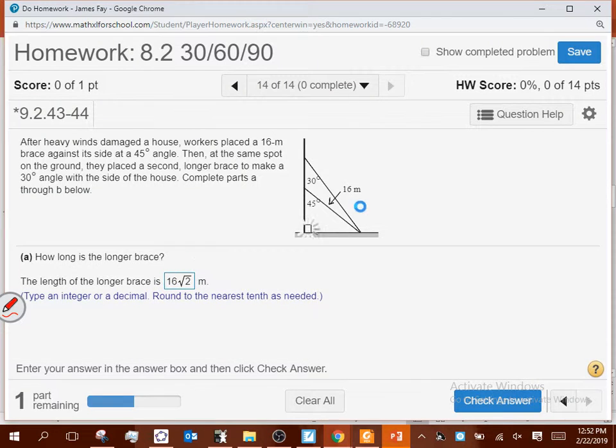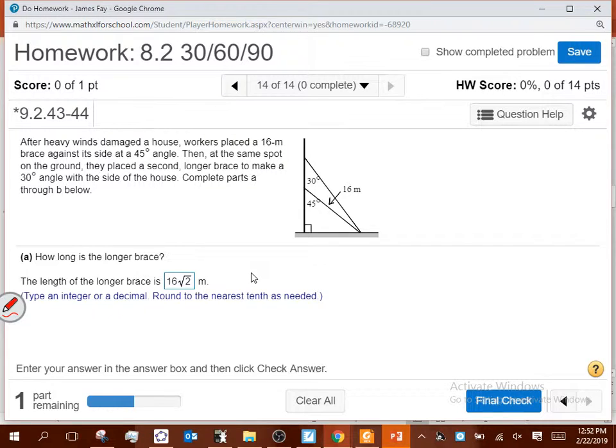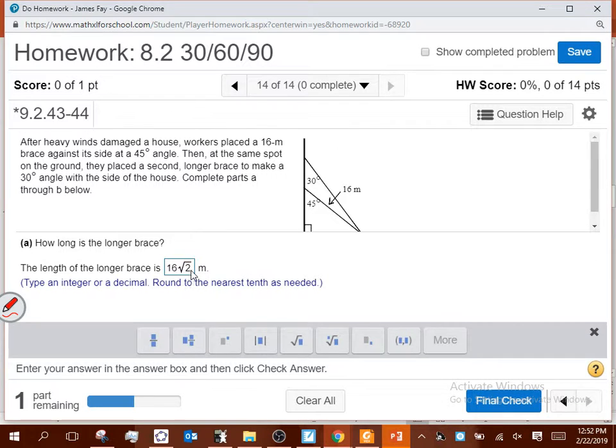That's 16 root 2. They want the longer brace. So longer brace is 2n. So if that's 16 divided by radical 2, oh, decimal. They want a decimal. So I didn't read. Hey, you got something. All right, so 22.6.